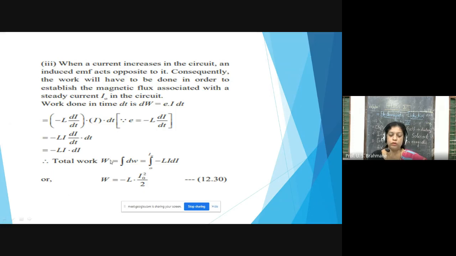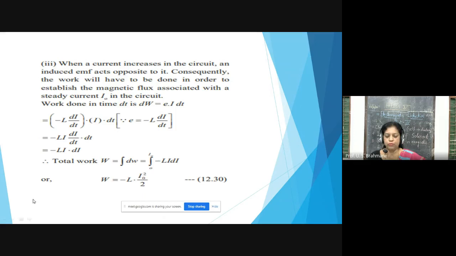Now the total work done W, you will integrate this, taking a summation of all the small I. So W is equal to integration of dW, from 0 to I0, which is minus Li di. L, the self-inductance, is constant, so you take it out of the integration, and I di is nothing but I square upon 2, with limits from 0 to I0.